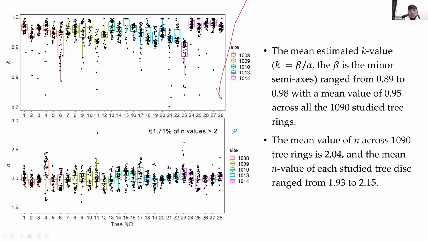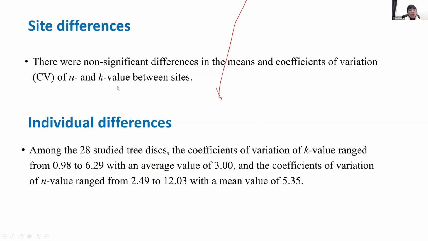Then we wanted to see whether there is a site effect, or whether there are more variations between the years but no noticeable site effect. So we tested, and found there were no significant differences in the means and the coefficients of variation of N and K values between the sites. Between the 5 sites, there are no significant differences.